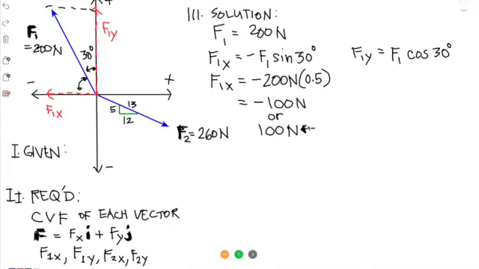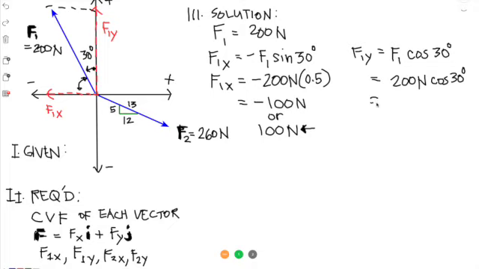So for the component in the y direction, that would be f1, that's 200 newtons, cosine 30. So let's plug it in our calculators. Cosine 30 would be equal to square root of 3 over 2.